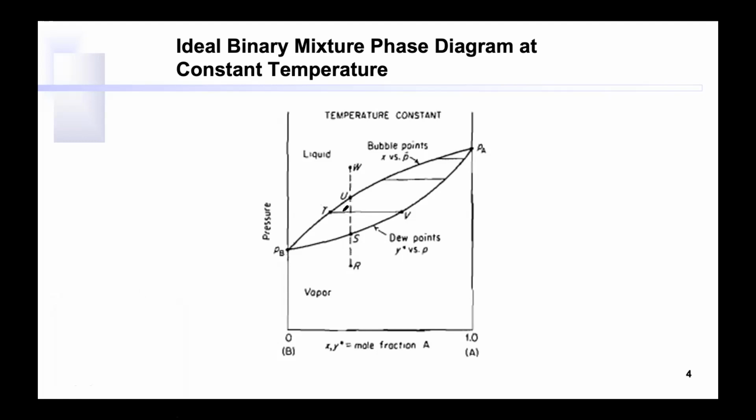Akan terjadi dua fasa. The phases would be the liquid and also the vapor. Let's say this point is X. So at this X, that would be two phase, which is vapor and also liquid.